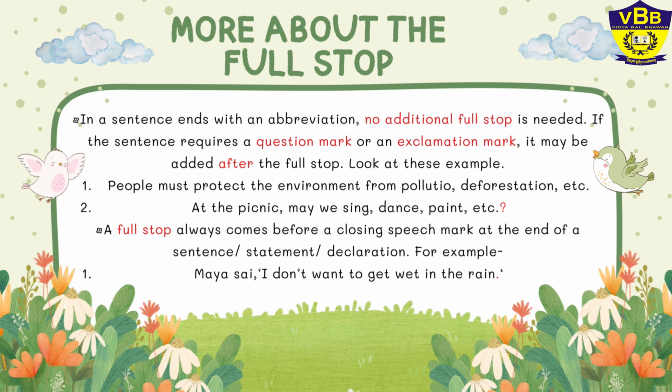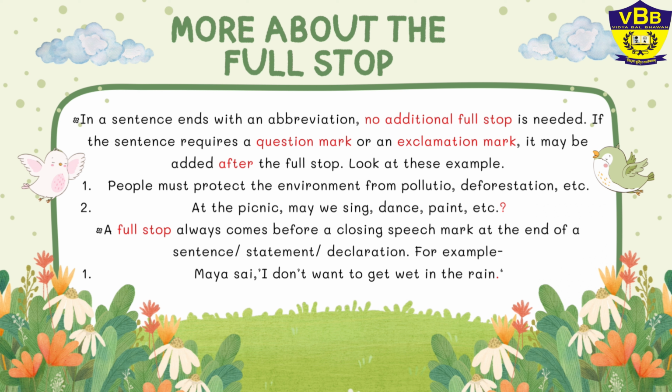People must protect the environment from pollution, deforestation, etc. Second one, at the picnic, may we sing, dance, paint, etc.? This is a question, so they have put a full stop after the abbreviation and then a question mark.